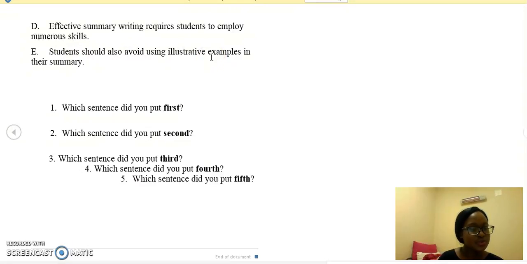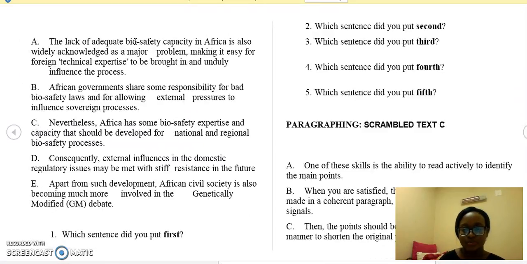Which sentence would you put first? I think it's D, because we know that this paragraph is about effective summary writing skills, right? Yes. And then our second sentence could be A, that builds on it. What are these skills? These skills are the ability to read actively to identify the main point.